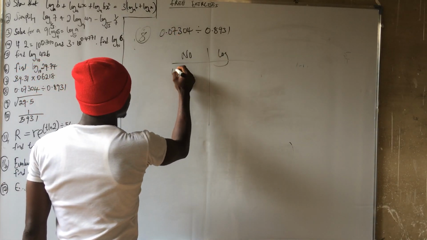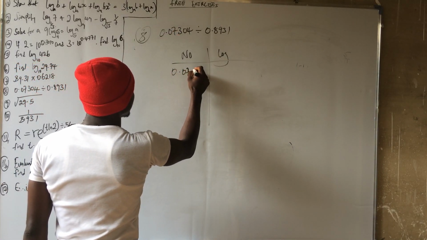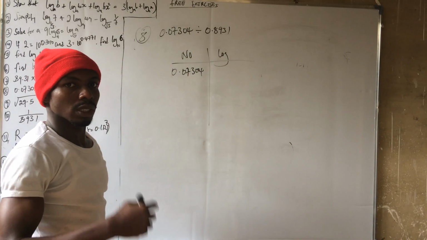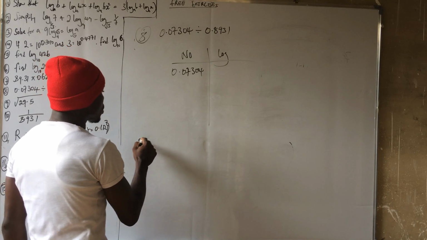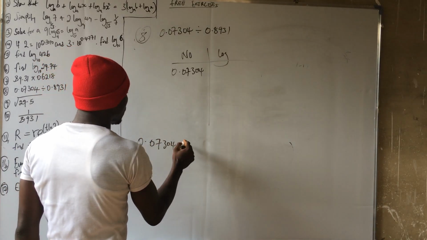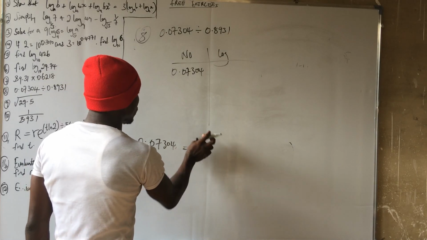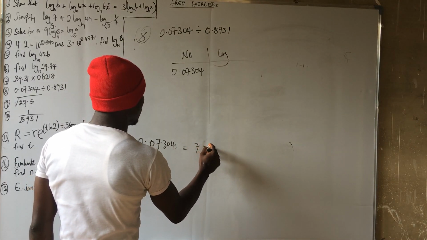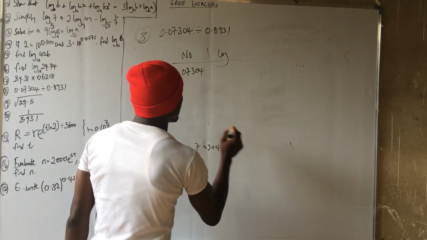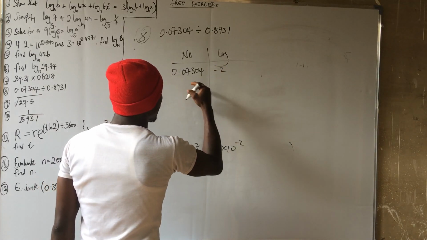We write the number, which is 0.07304. What is the characteristic? You express it first in standard form: 0.07304 is equal to 7.304 times 10 raised to the power negative 2. So our characteristic is negative 2.